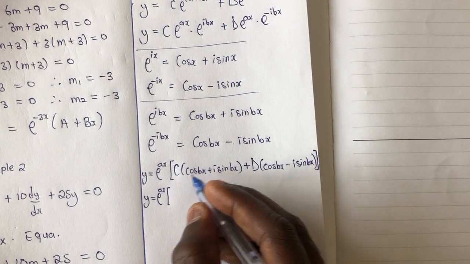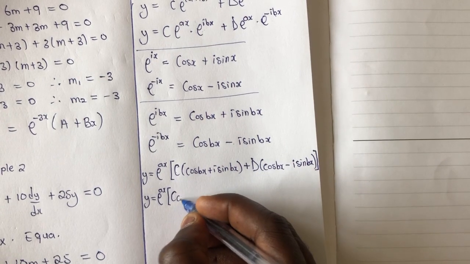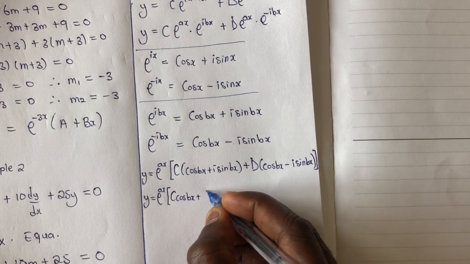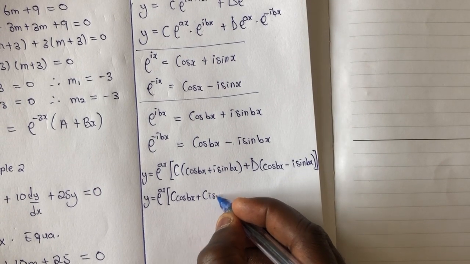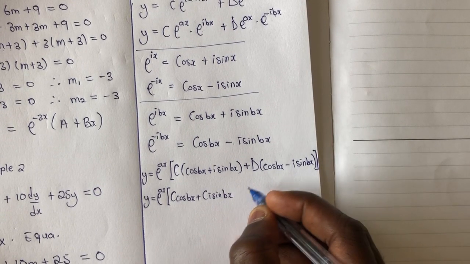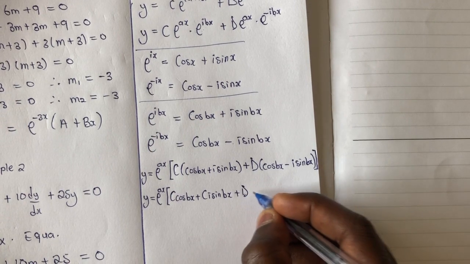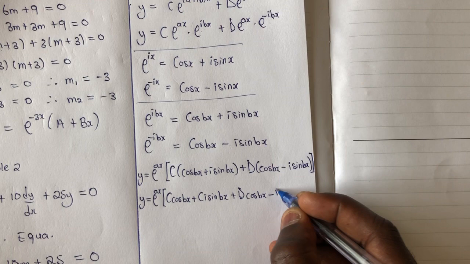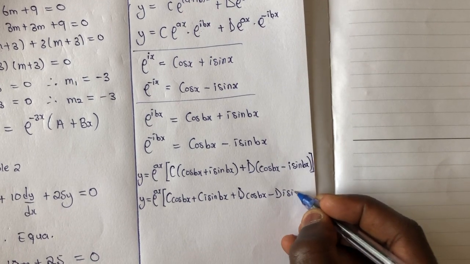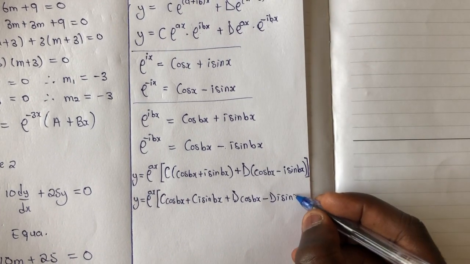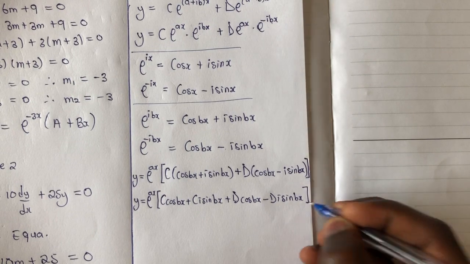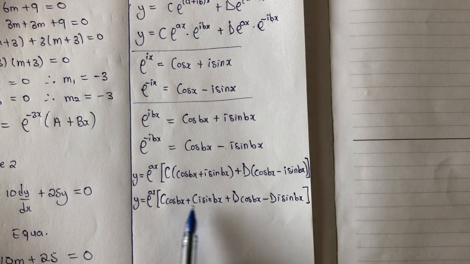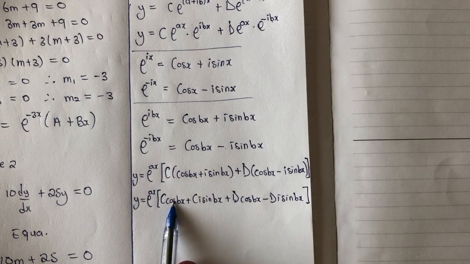When I multiply this, I'll get c cos bx plus c i sin bx plus d cos bx minus d i sin bx. Now you can group all cos to one side. This is cos, this is cos.